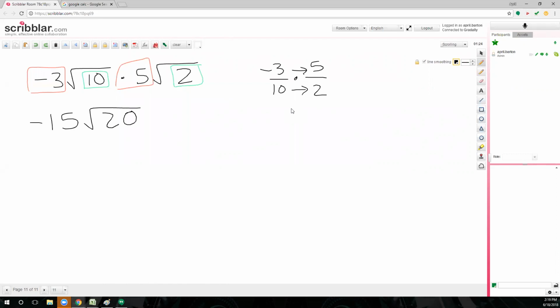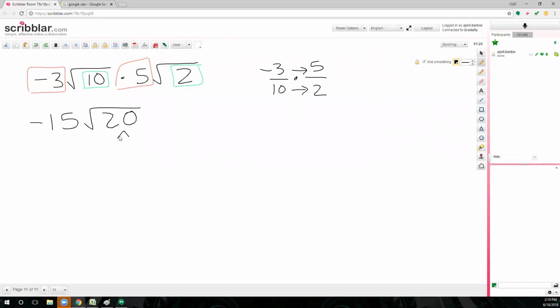They always want you to simplify. So when you're simplifying your radicals, that means we need to break it down using a factor tree. So when you factor tree, you look for any two numbers that multiply to be 20. We always want a factor tree under the radical. We don't care about that 15 in front for a factor tree.